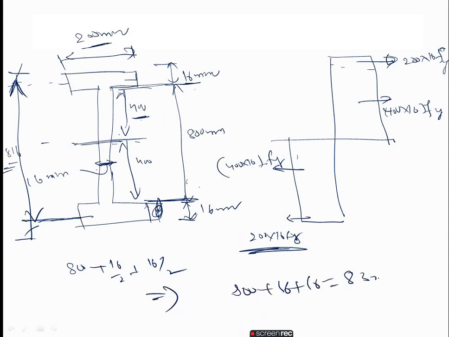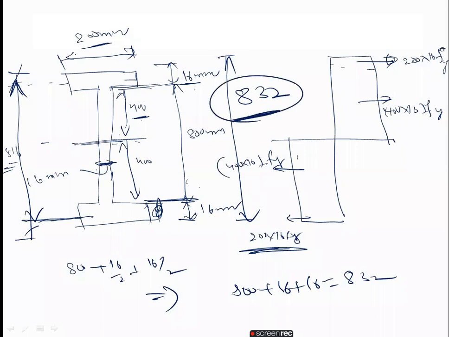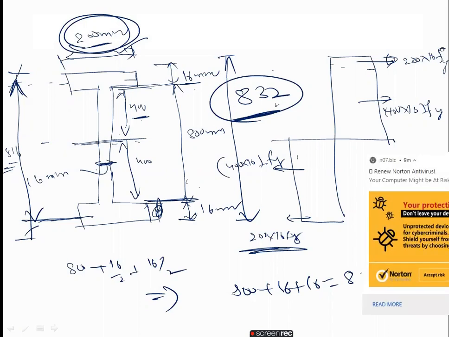The total depth is 832. So BD cube by 12, you have to write like this.